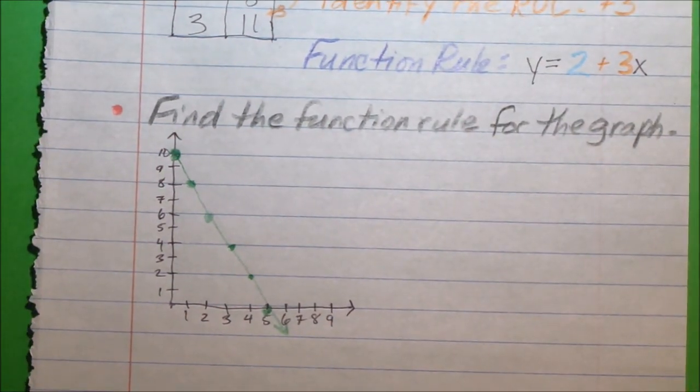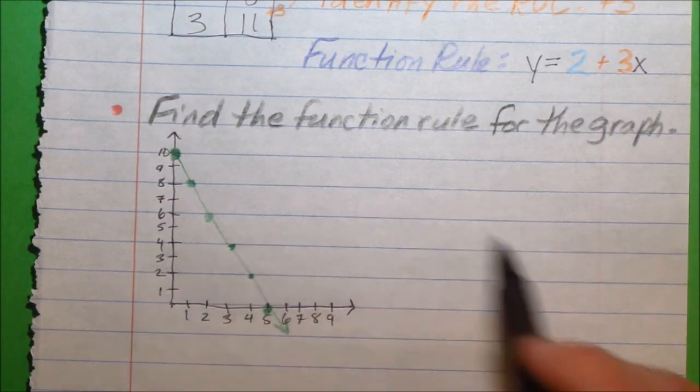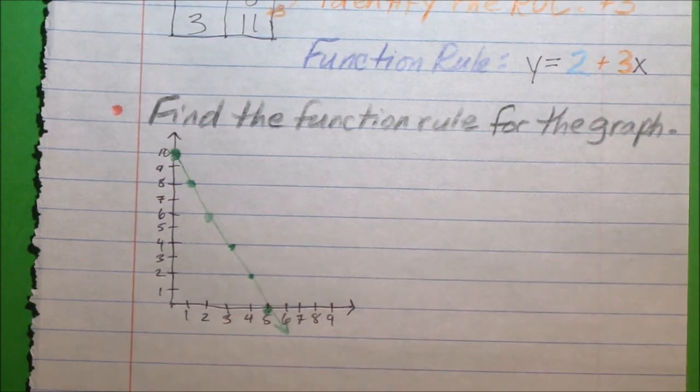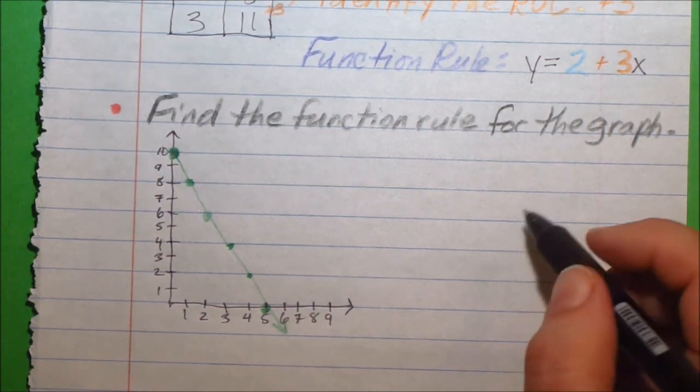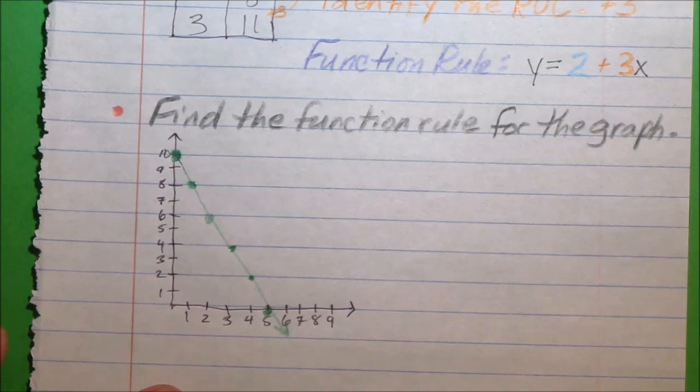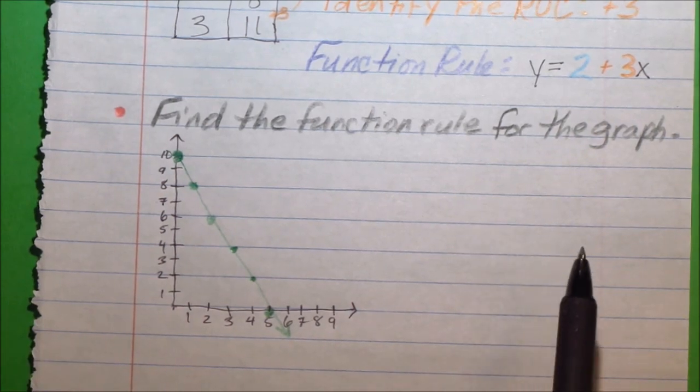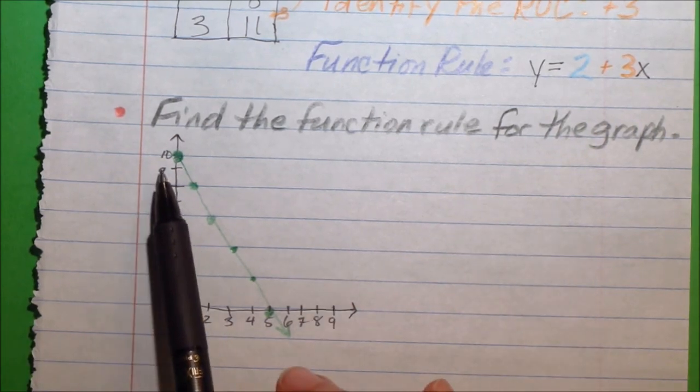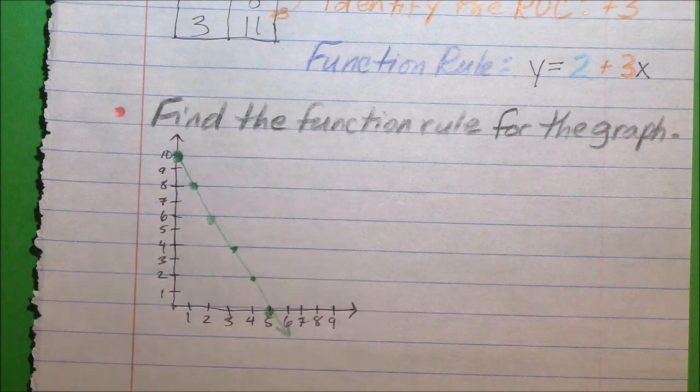Okay, so there's my graph, and now I've got to figure out what the function rule is for that. So what we do is we make an input-output table from this graph so that we can identify the start value and the rate of change. Soon you'll skip this step, because soon you'll be able to identify the start value and the rate of change just by looking at a graph.